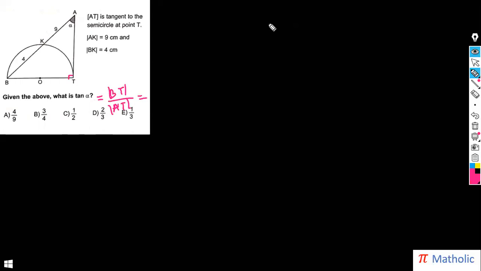So let's remember this rule. In the circle, let's say this is the tangent.